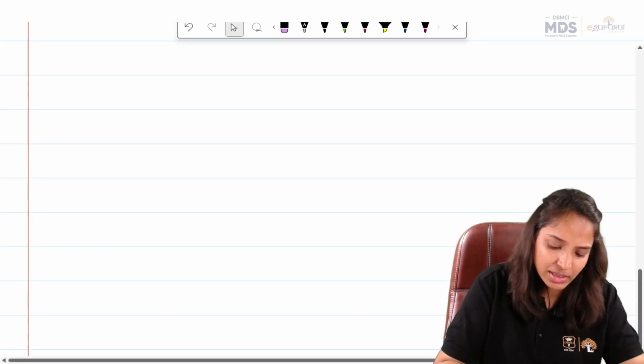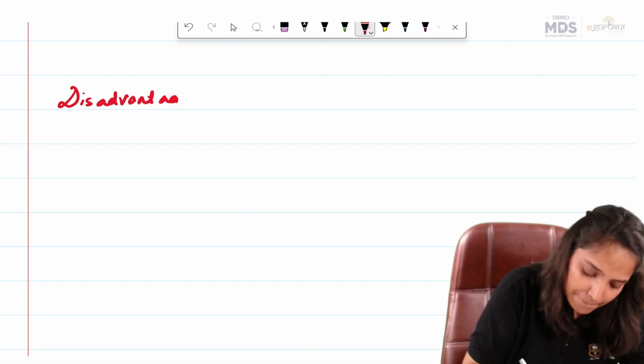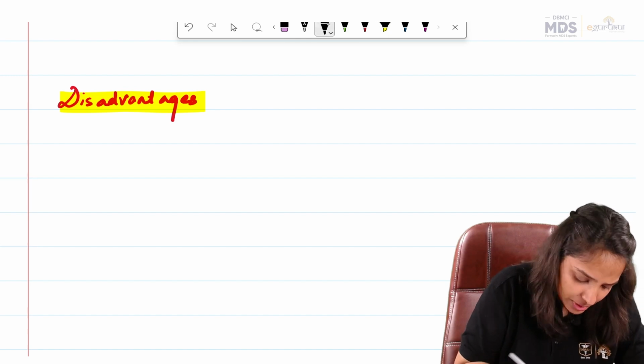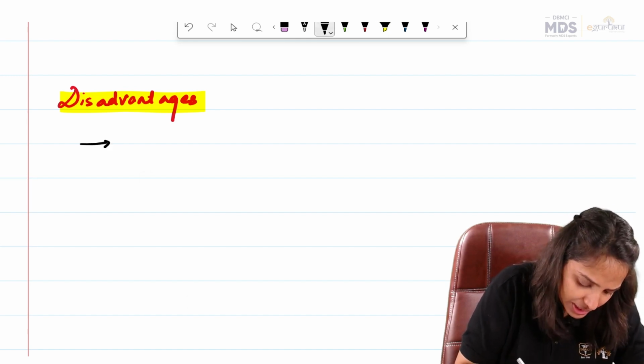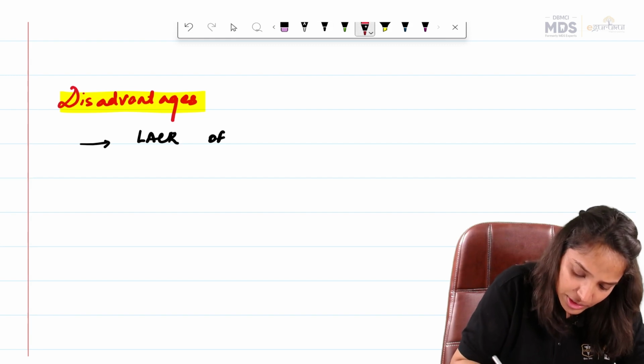Most important part in a U-shaped connector is learning its disadvantages. So let us look at them one by one. The most important disadvantage is the lack of rigidity.